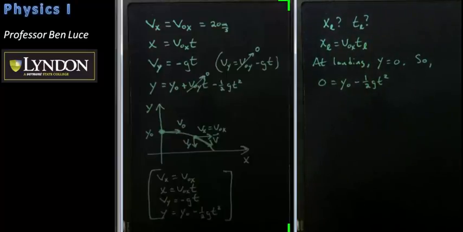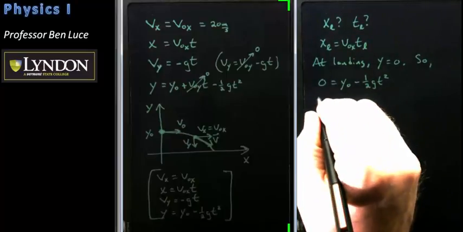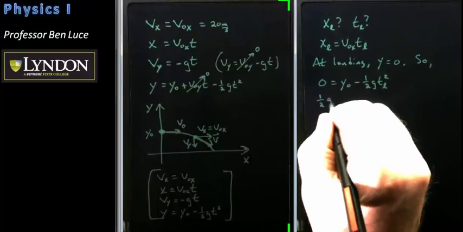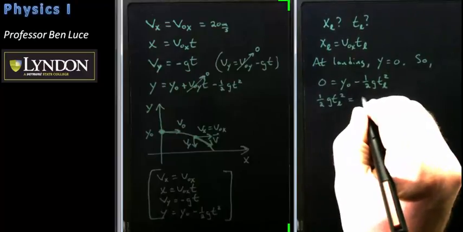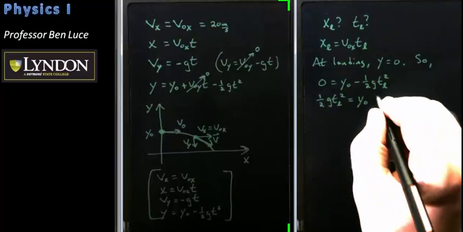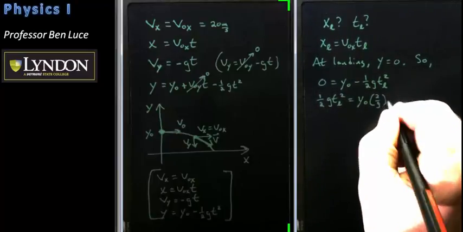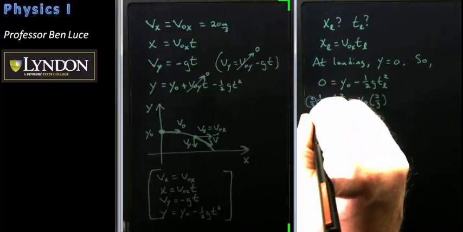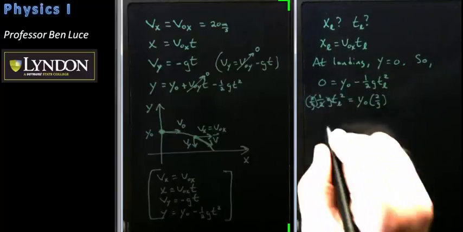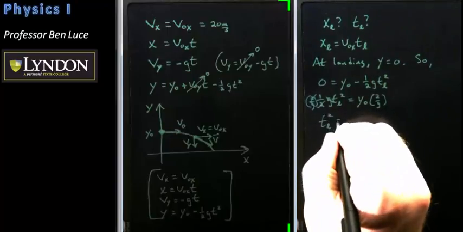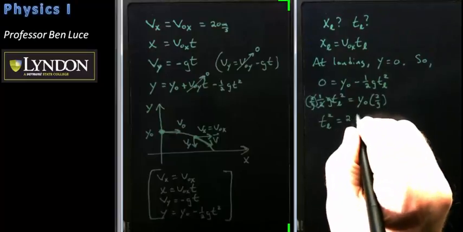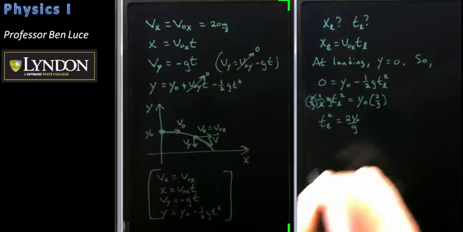we obtain this. And now adding 1/2 gt squared to both sides, and this is the landing time here, we obtain this. And now multiplying both sides by 2 divided by g, we obtain that TL squared must equal, I'm going to rearrange this slightly, 2y0 over g.